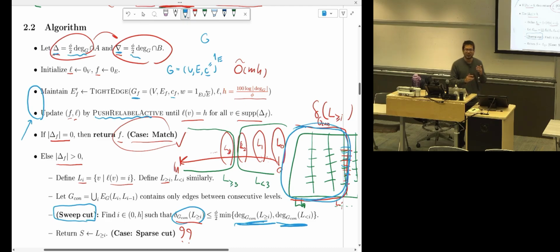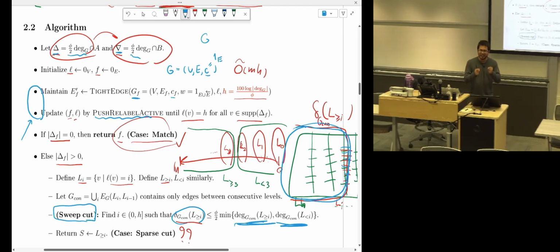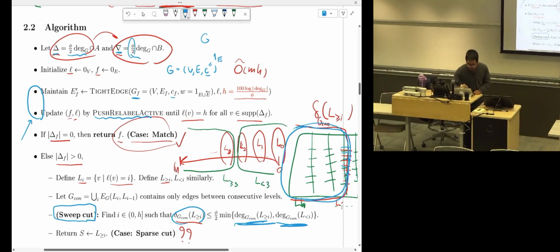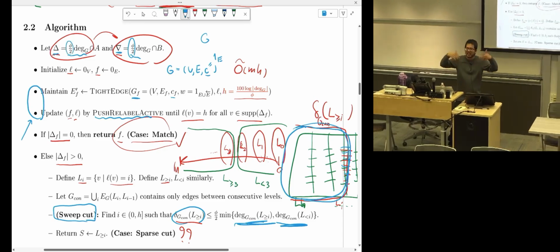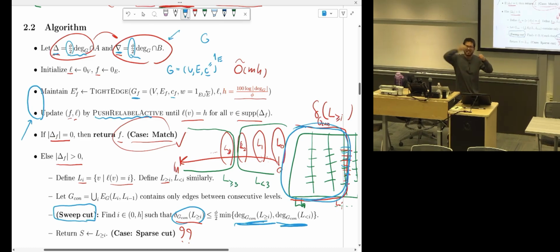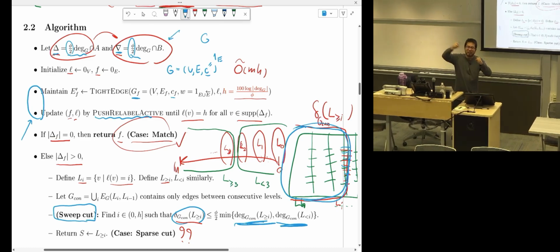When I presented that the basic push relabel algorithm takes mh time, that's when the graph has unit capacity and source and sink are integral. Here the source and sink are not integral. It's scaled down by a phi. But what you could do is scale everything up by phi, so this becomes integral. And each edge of the graph becomes parallel edges of 1 over phi.